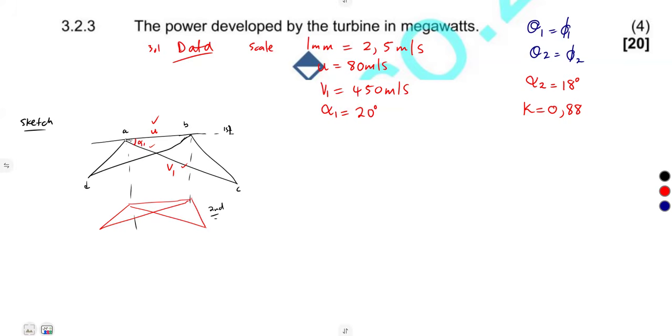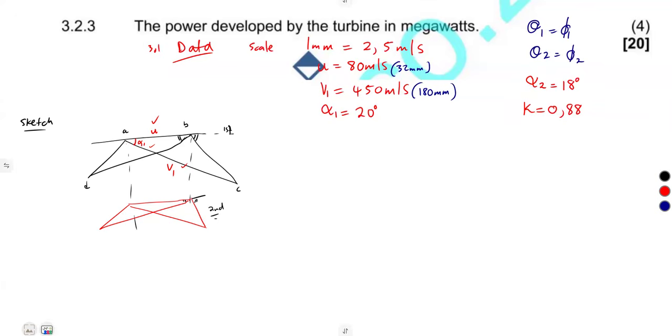So from the first diagram, I'm going to draw the line A to B. Let's use our scale, 2.5. Divide by 2.5, that is going to give us 32 millimeters here. Divide V1 by 2.5, that gives us 180 millimeters. This one is a basic diagram, guys. Very basic. And these angles, remember, they are equal, just the same here.